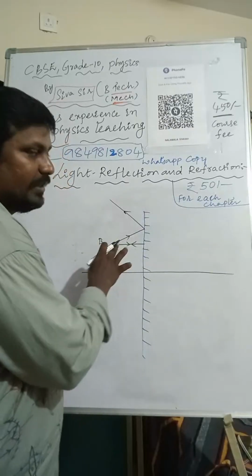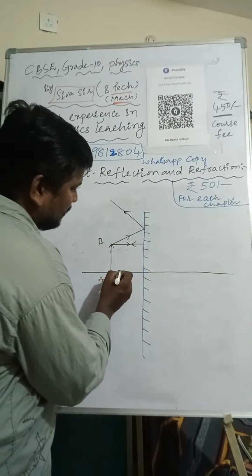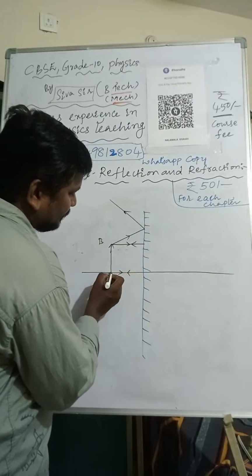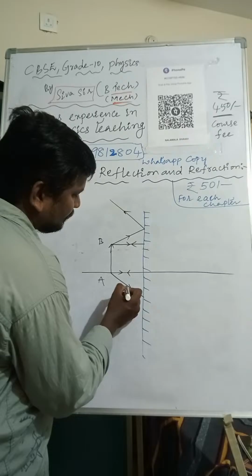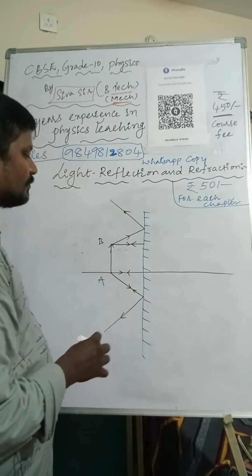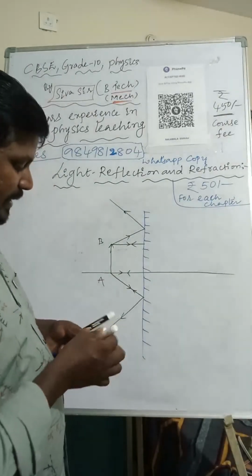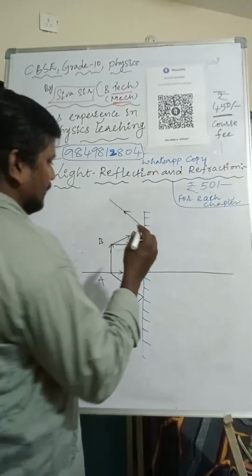This is the incident ray, and this is the reflected light ray. I'm considering one more light ray here. If you extend this one, as I said, minimum 2 light rays, I'm considering like this.